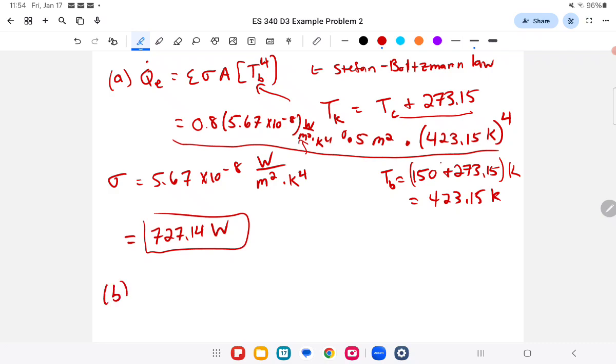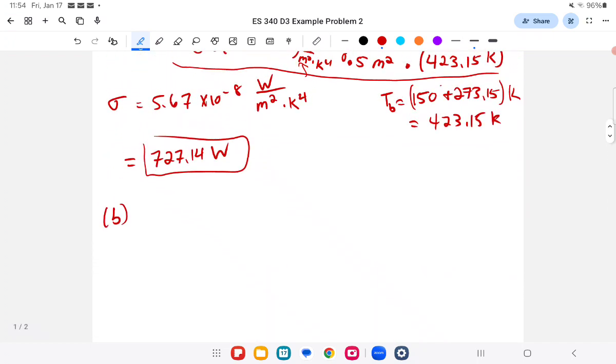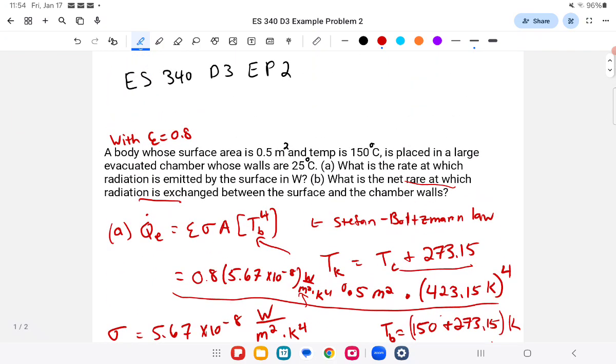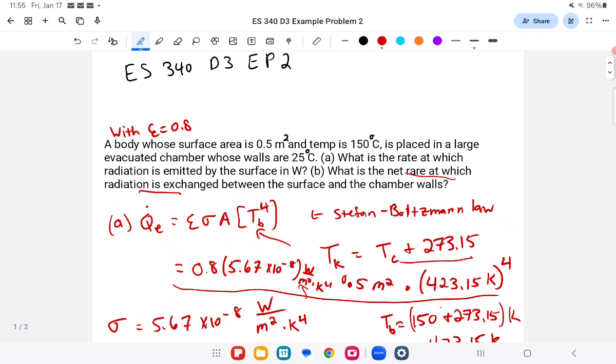Okay, and then part B is similar, but now it asks what is the net rate at which radiation is exchanged between the surface and the chamber walls. In this case, if you remember from previously when we were discussing this, we do have an equation, but we have to make an assumption, which is taken care of here: placed in a large evacuated chamber.